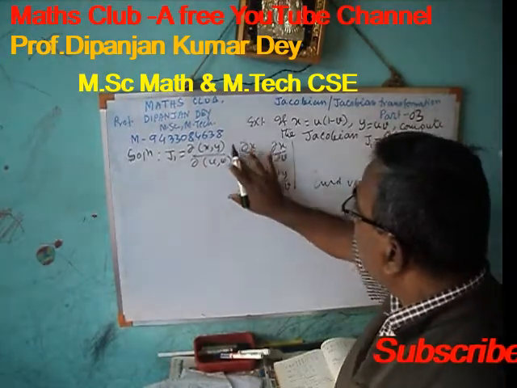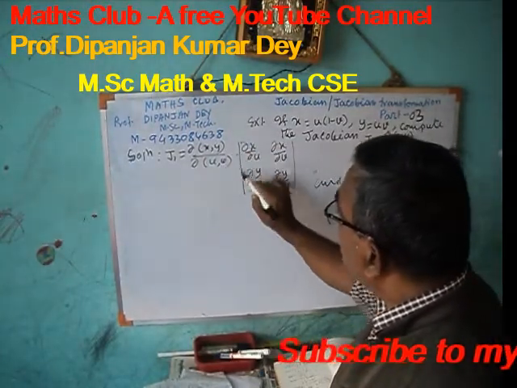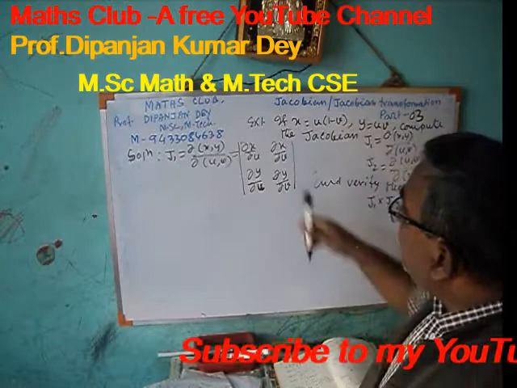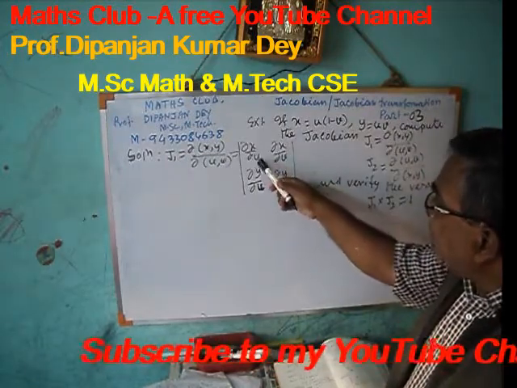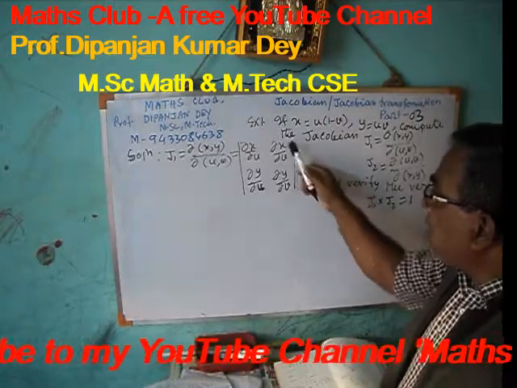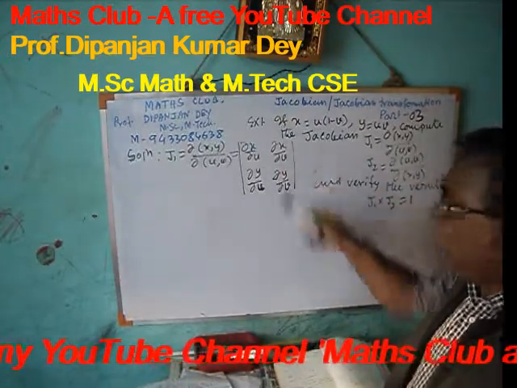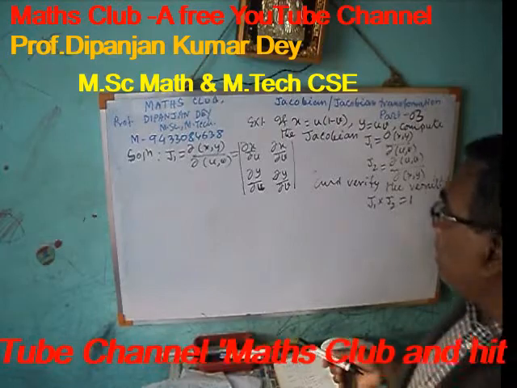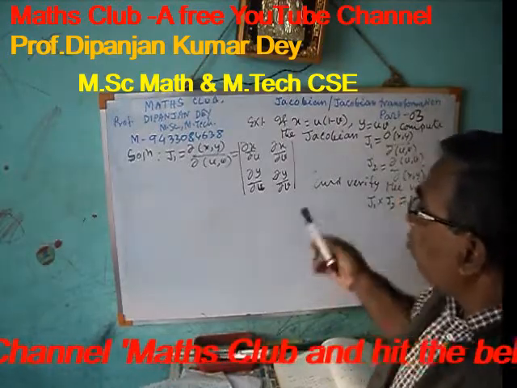You can write this way also, with del x by del u and del x by del v in the first column. The result will be the same.